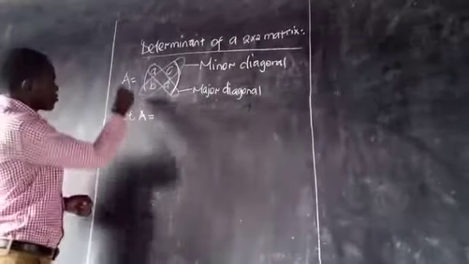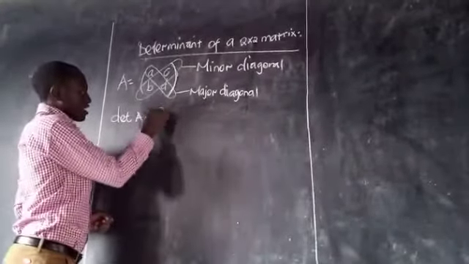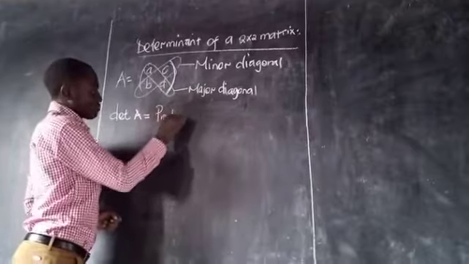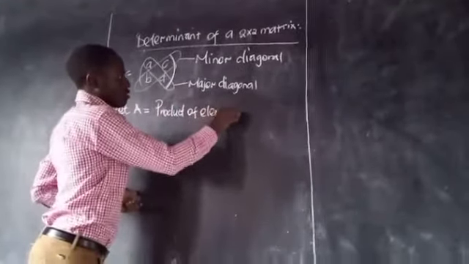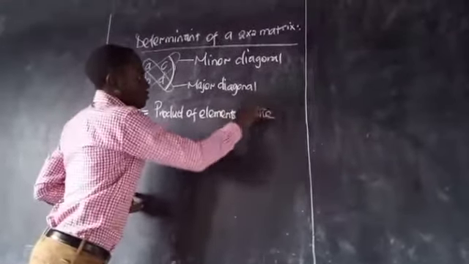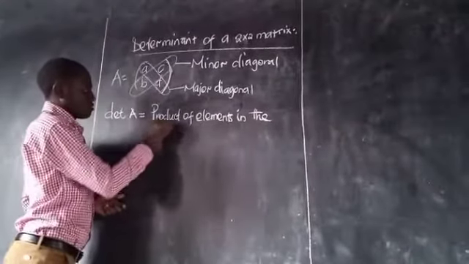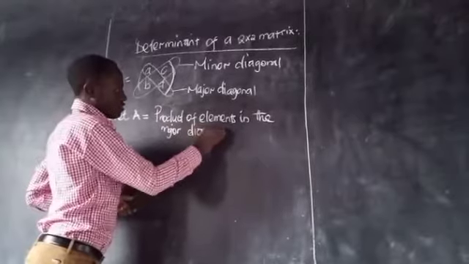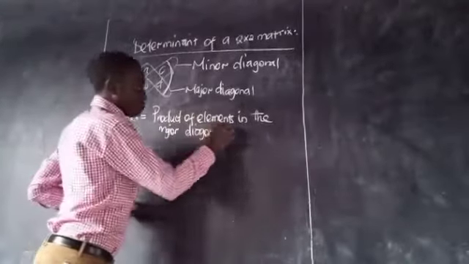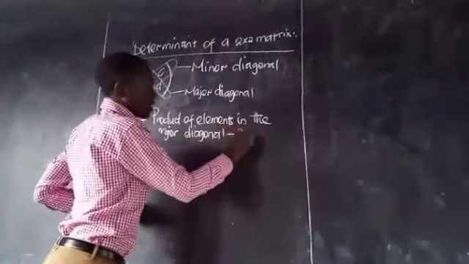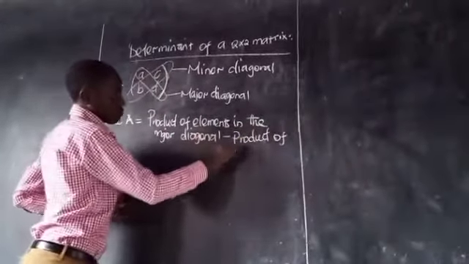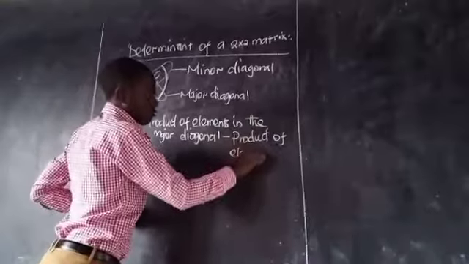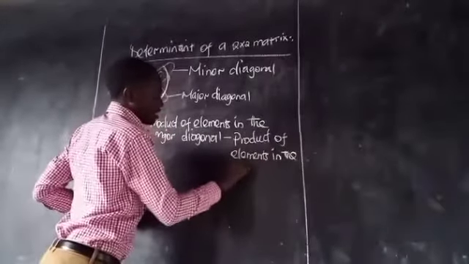The determinant of matrix A is given by the product of elements in the major diagonal minus the product of elements in the minor diagonal.